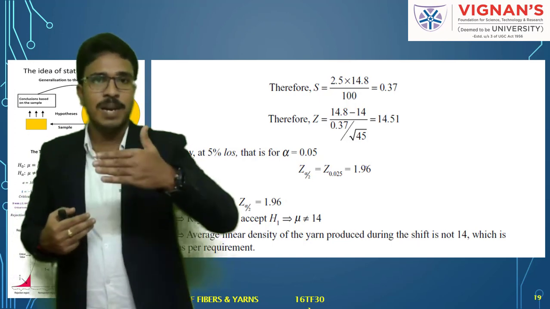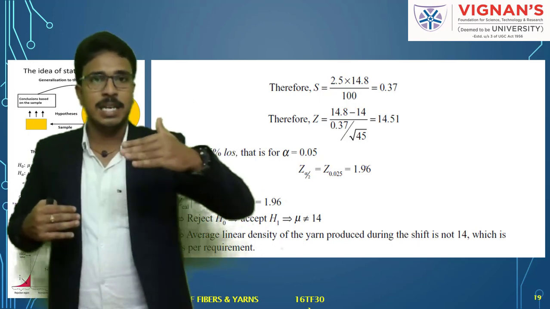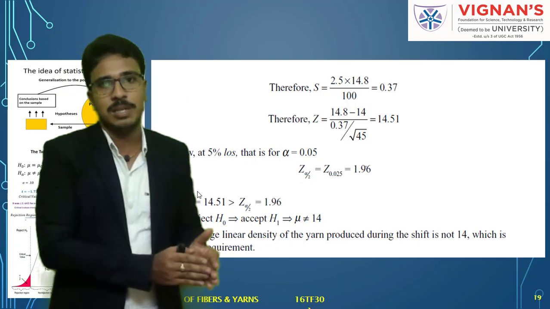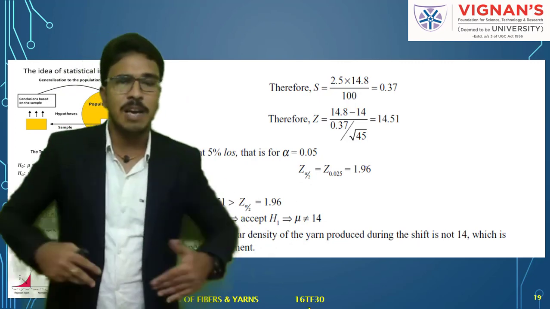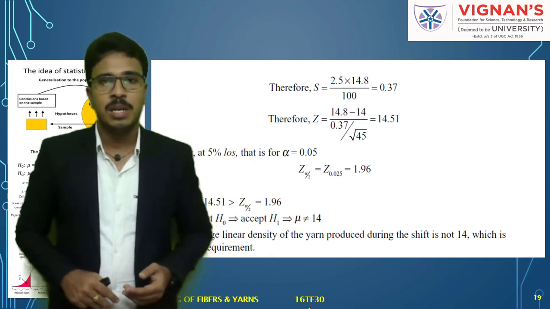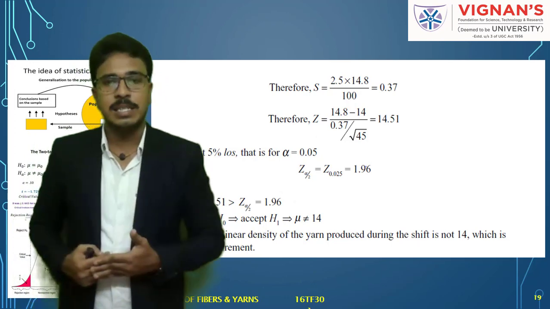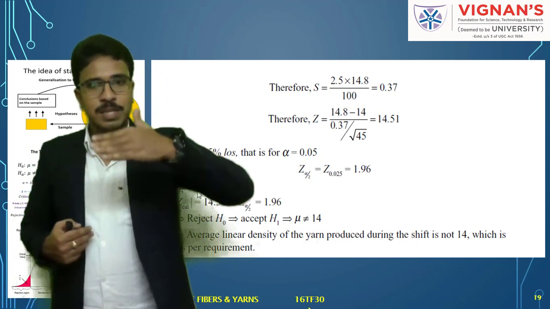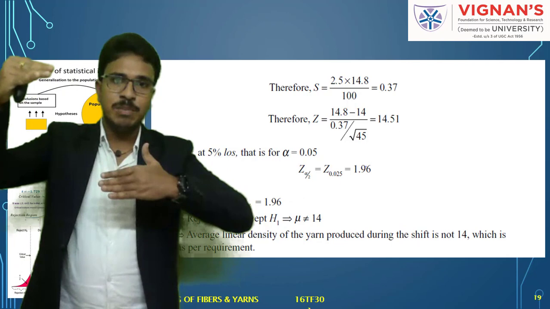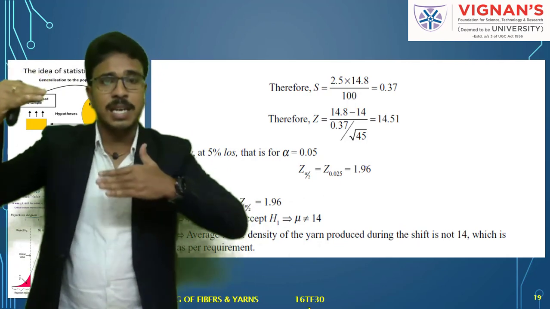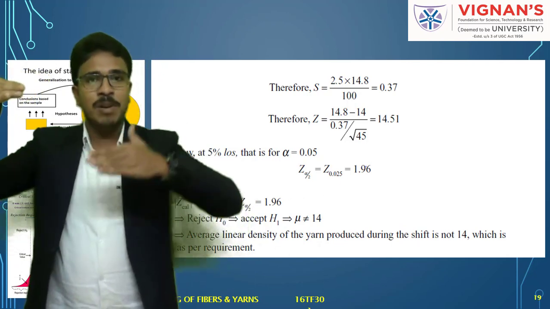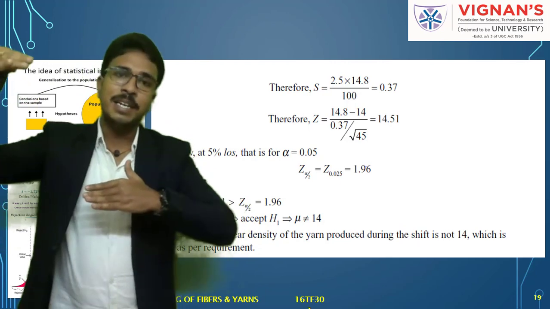The table value is higher, so in this case we accept our H0. That means there is no difference, everything is okay. Understand? The second case is where the table value is less and the calculated value is more. For example, the table value is 5 and the calculated value is 10.